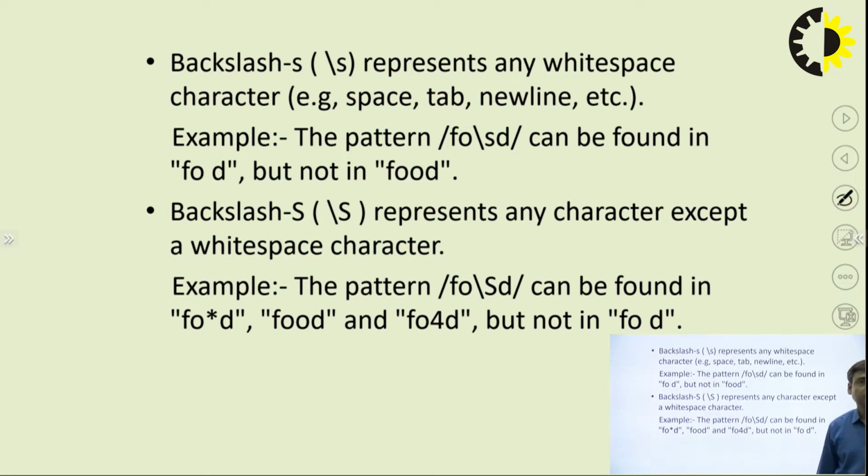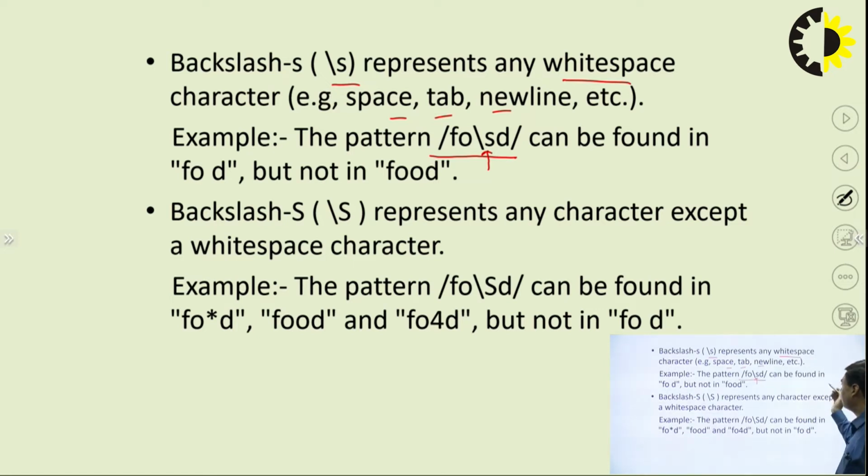Next is backslash s, small s. So it represents any white space character. If you want to use white space within a string and want to validate, then we can use backslash s. And it is defined what is the meaning of white space. You can have space, tab, new line, they all will be permitted here. Now we have defined a regular expression FO backslash s D. So at this position, we can permit the white space.